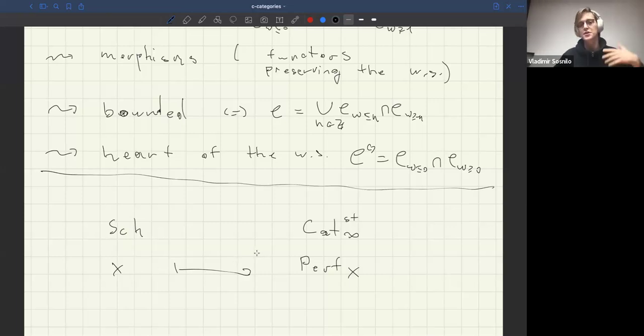Which under nice conditions also satisfies this. So in the world of stable infinity categories, there is a notion of a smooth category, there's a notion of a proper category, and this correspondence respects this notion. So a smooth and proper variety over a field, say, gives me a smooth and proper category.